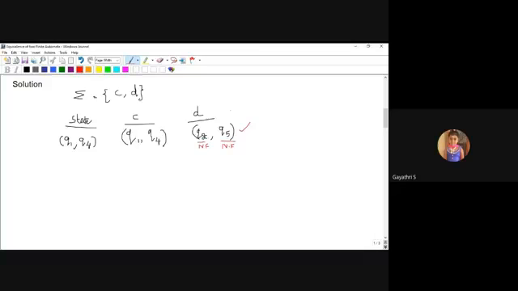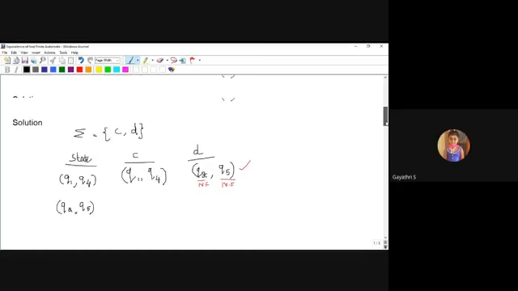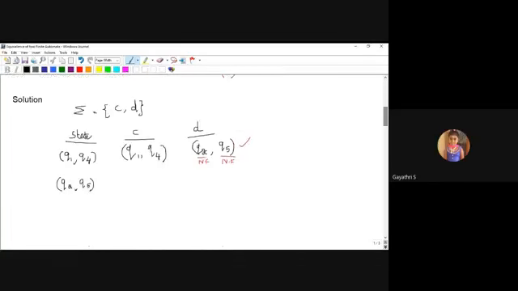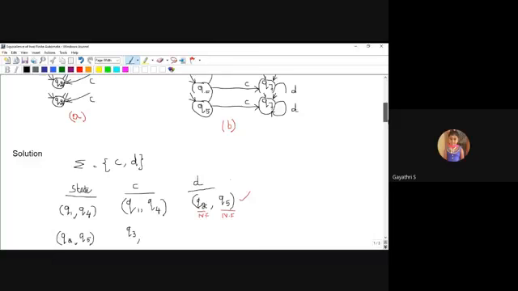This is a new pair, so I have to include here Q2, Q5. Q2 on receiving C moves to Q3, and Q5 on receiving C moves to Q7.